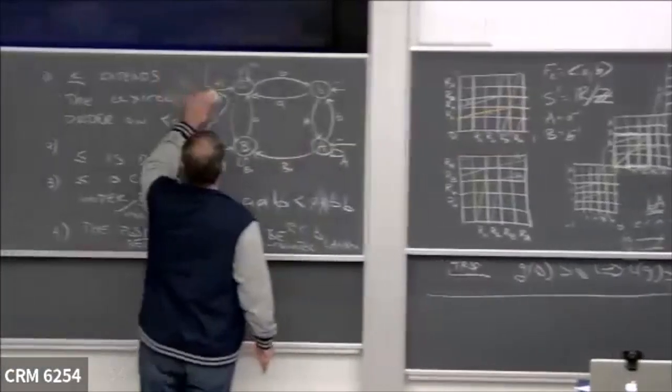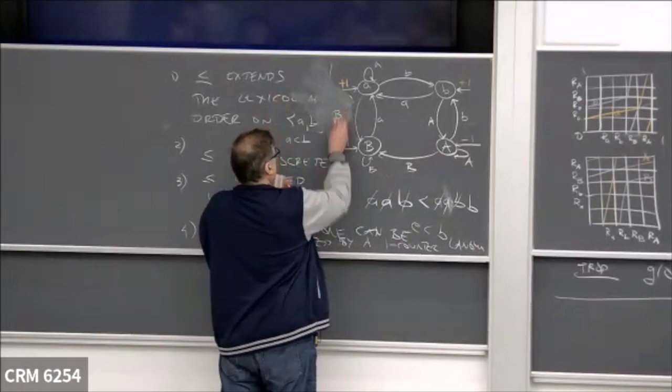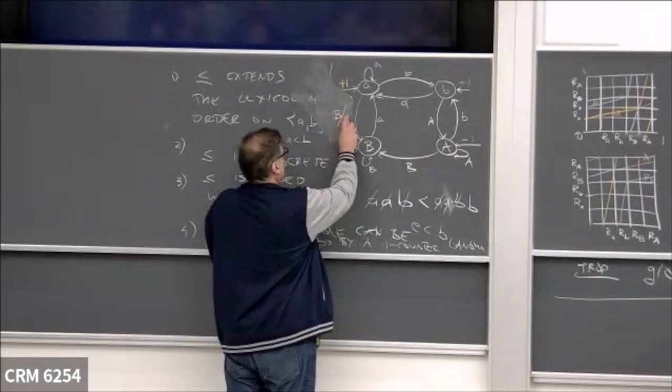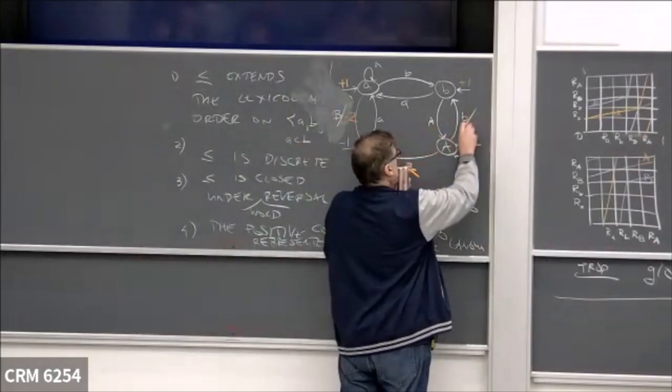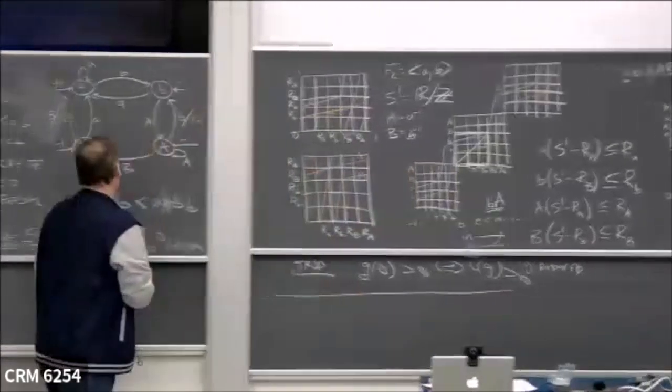So this is B. This is -2, and this is plus. Let me explain the meaning of all this.